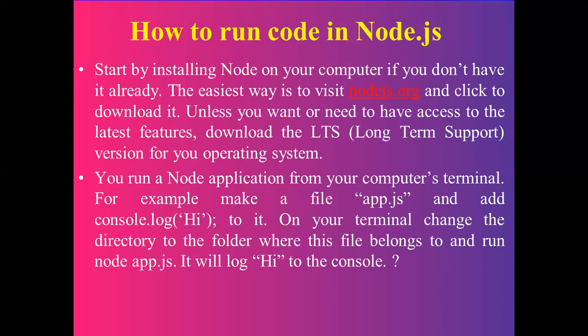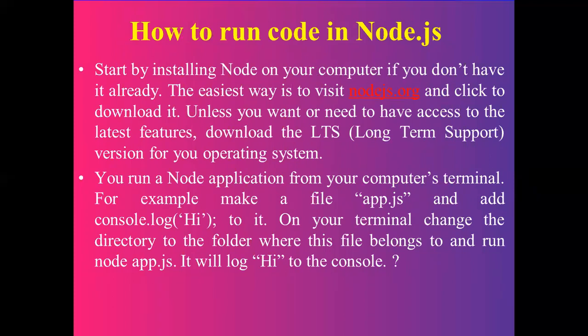So how to run code? Start by installing Node on your computer. If you don't have the software, install it, or if you have it, open it. So how to run code in your software or on your terminal? For example, you can create one file like app.js in your text editor.